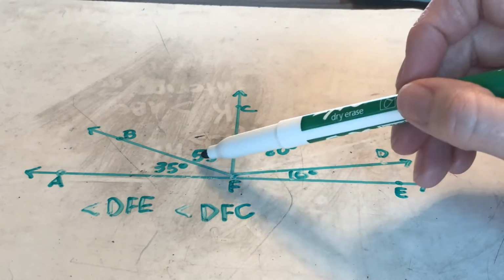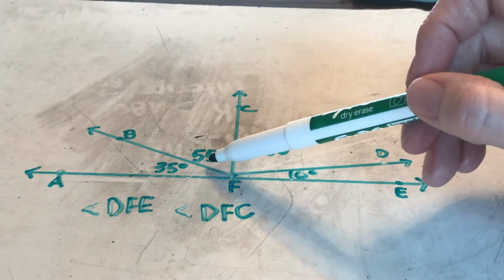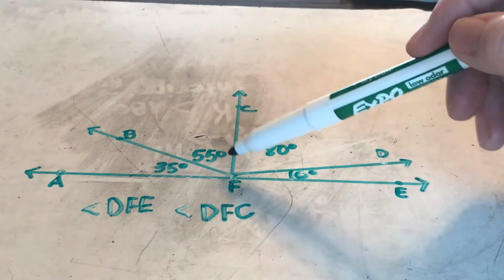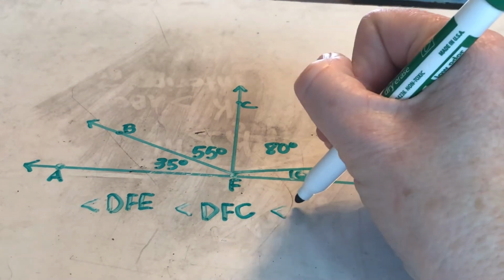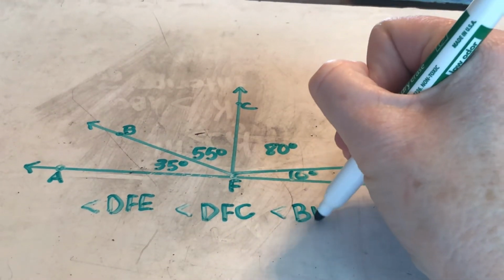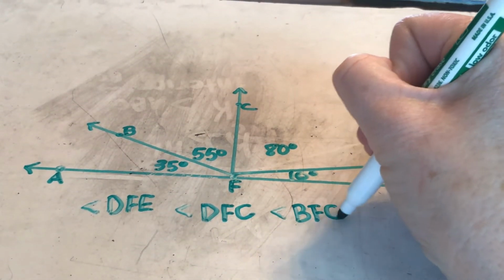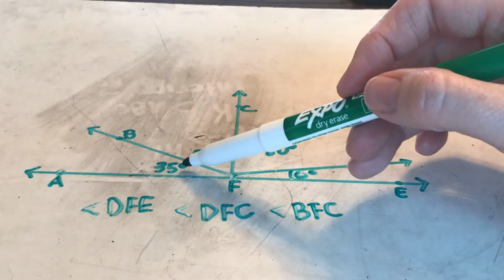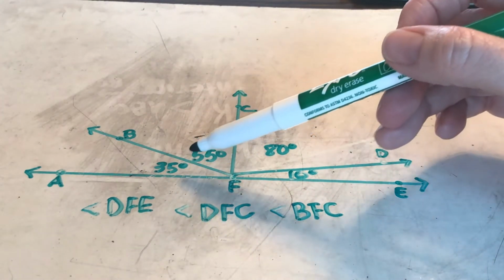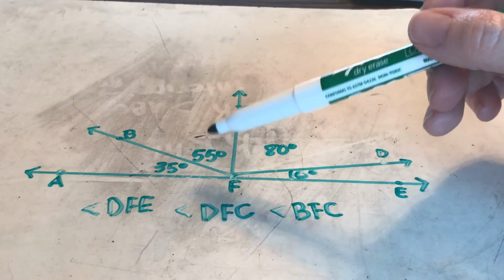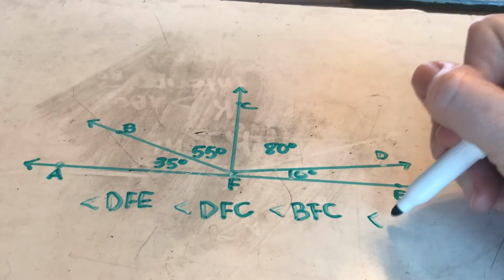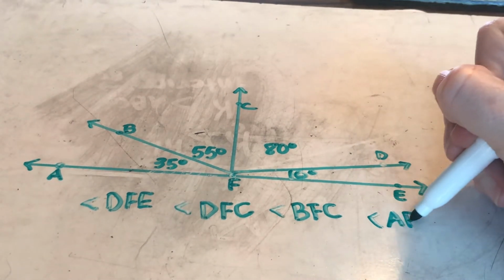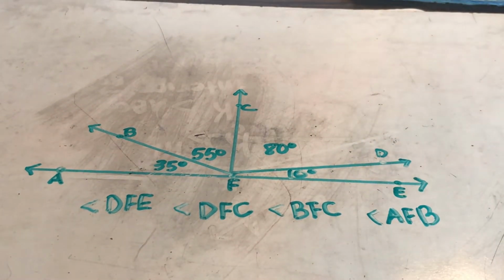I can see this here is 55 degrees. So I know that BFC would also be an acute angle, angle BFC. And then finally I can see this little guy down here, 35 degrees, smaller than 90, so I know it's acute, AFB. So angle AFB would be our last acute angle for number 17.